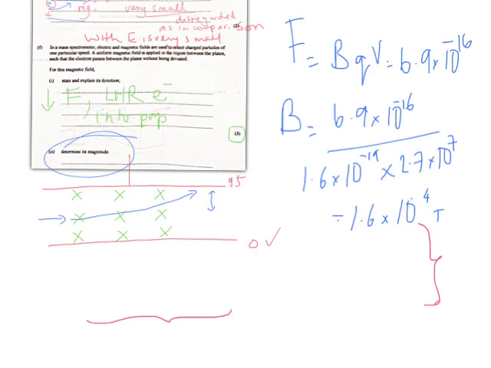So as you can see here, we have F equals BQV, 6.9 times 10 to the minus 16 from a previous question, because it balances the up force. If that force equals that force, then we know the magnitude of the magnetic force, and you rearrange to give a field strength of 1.6 times 10 to the minus 4 Tesla. Sure, that's clear enough. There you go.